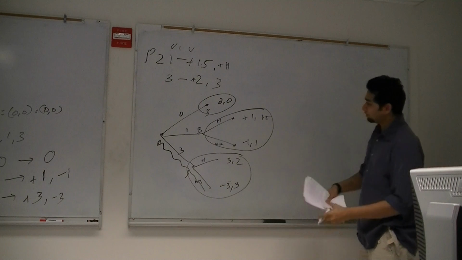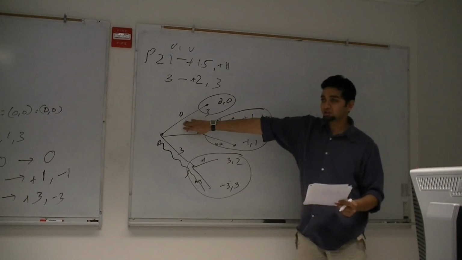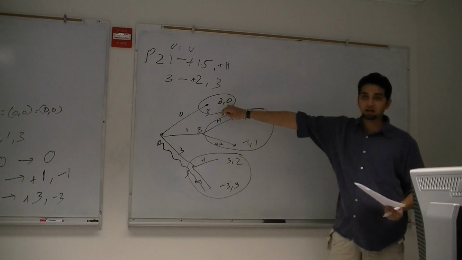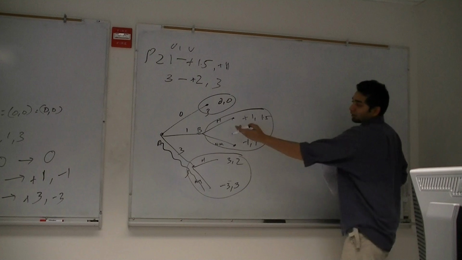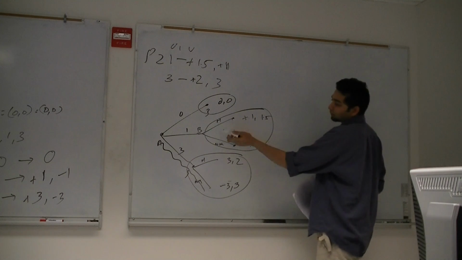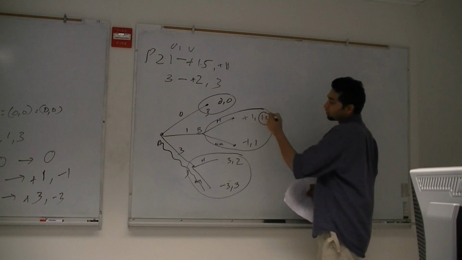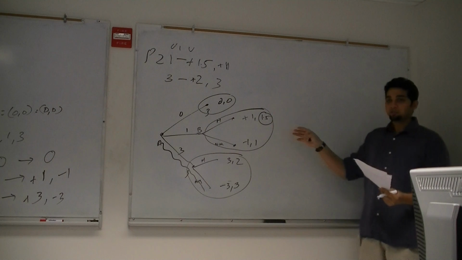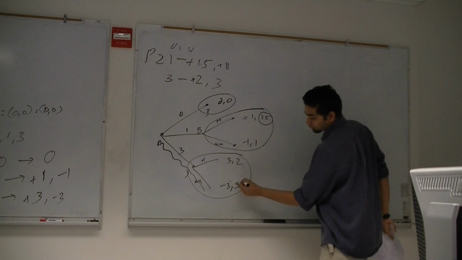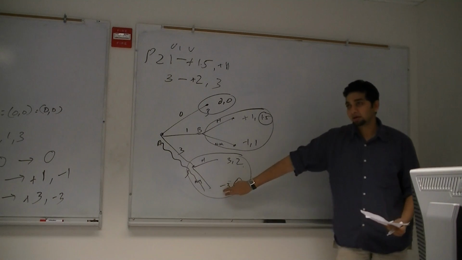Bay would get 0 here. So if Sean chooses 0, Bay would get 0 again, and Bay would get 1.5 or 1 if Bay chooses to match the amount or not match the amount. So Bay would normally go with 1.5, and Bay would get 2, 3 here. So he would prefer not to match the amount right here.